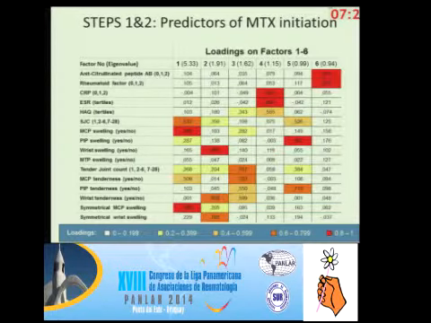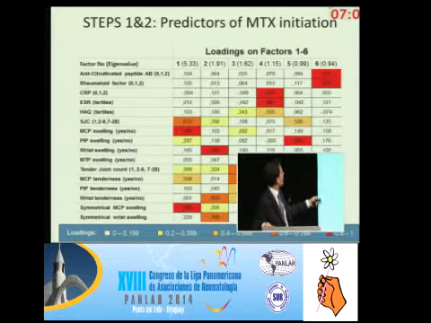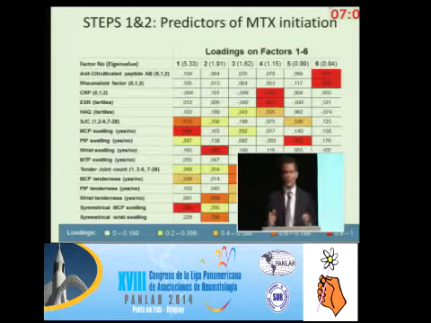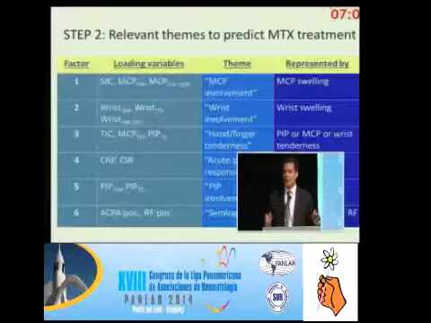There's one covering CRP and ESR, so acute phase is one theme. So this principal component analysis was key to get all these predictors that we have into a sort of limited number, where you can say now we have 4, 5, 6 factors. We can even give them names.